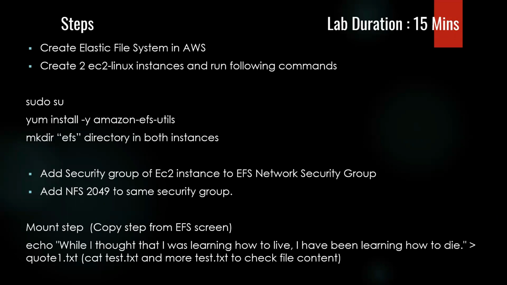And then I will mount it using one of the commands. Then I would be creating one file through one Linux instance, and the same file you will be able to see in the other instance because you have mounted it already, right?